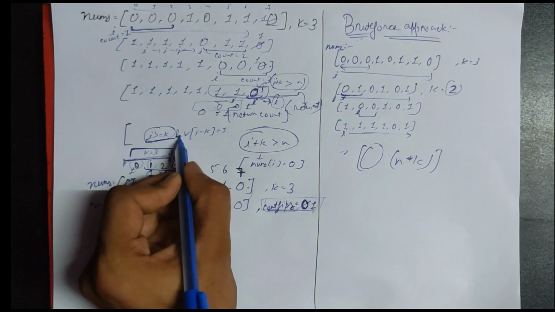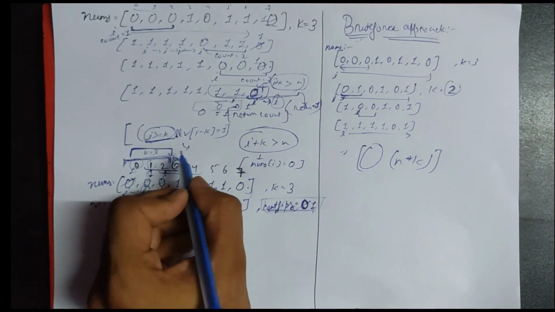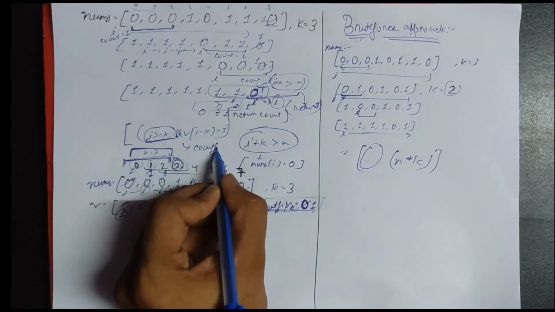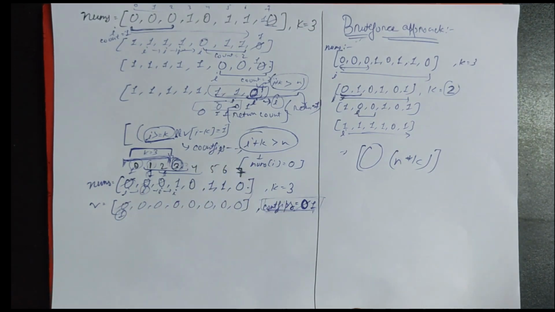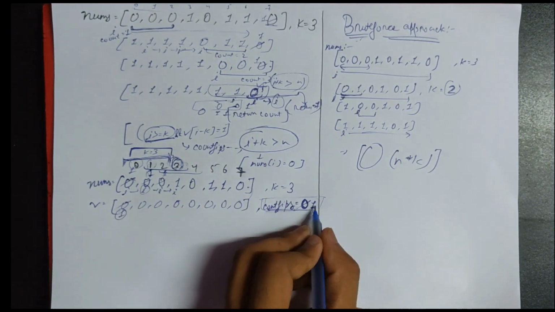If both these conditions are satisfied, we just decrement the value of count flips, so count flips will be again equal to 0.